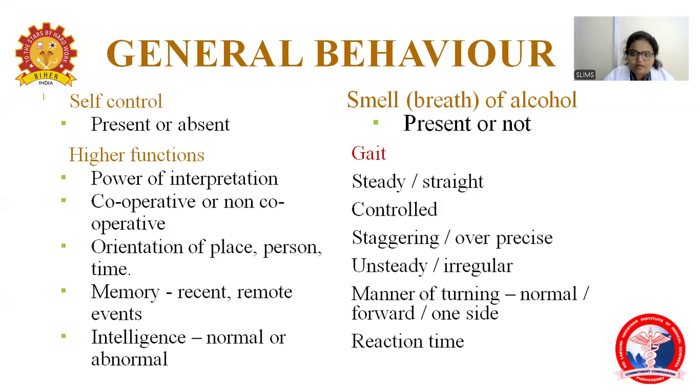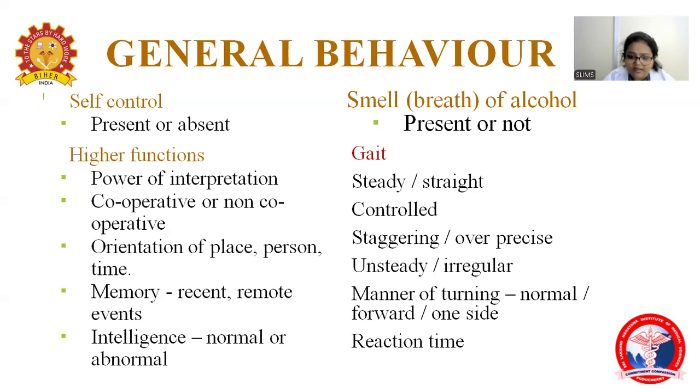The gait, the way the person walks, how is his gait? Is the gait steady, is he able to walk in a straight line, whether it is controlled. And then staggering or over precise, that is in an irregular way. Over precise, unsteady or irregular.